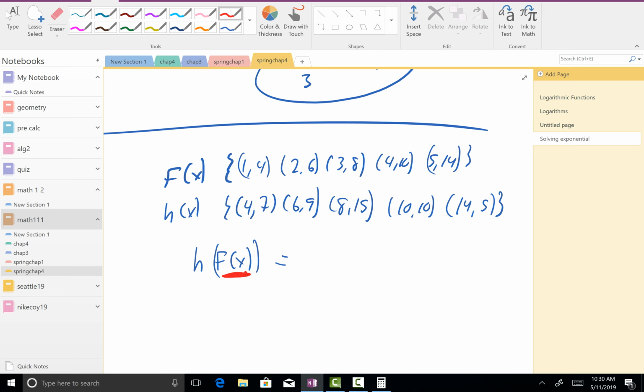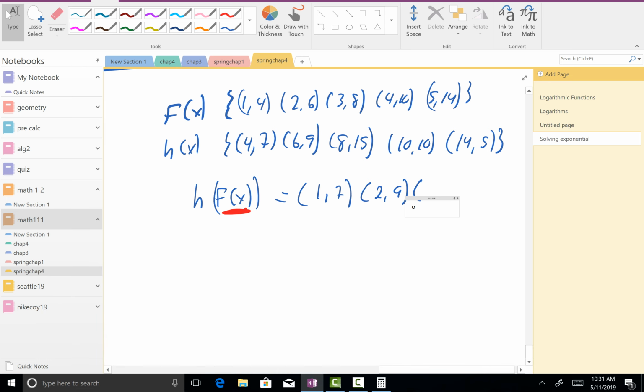Then you would write 1, 7. Then you go to the next one, 2. 2 goes to 6. That output becomes the input, so then 2 and 9. And then 3, and so forth.